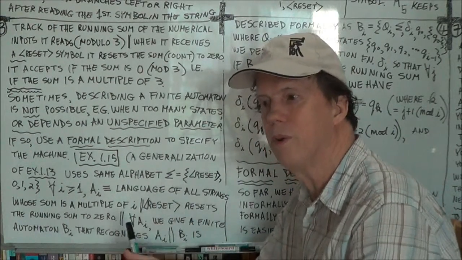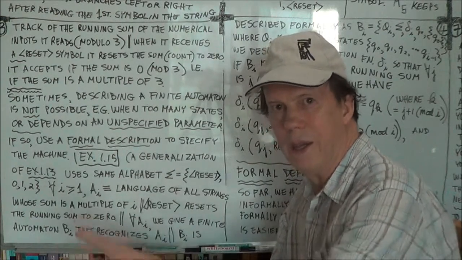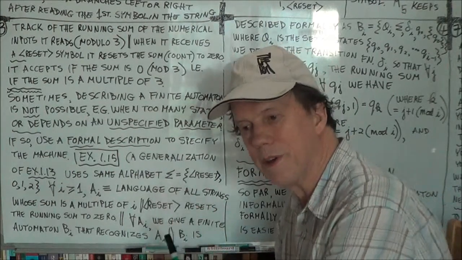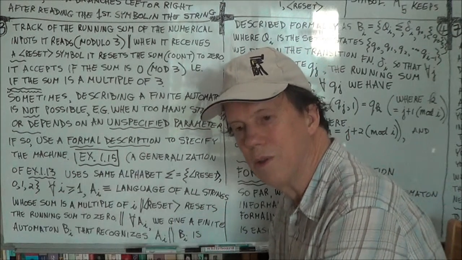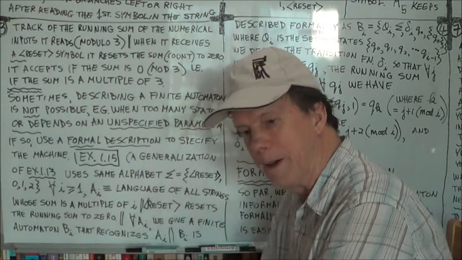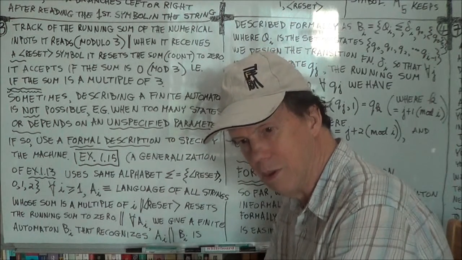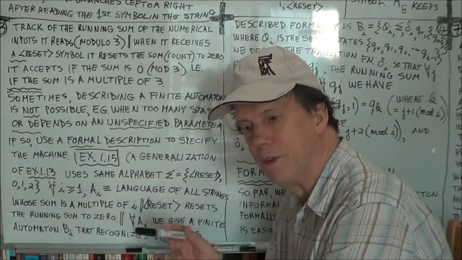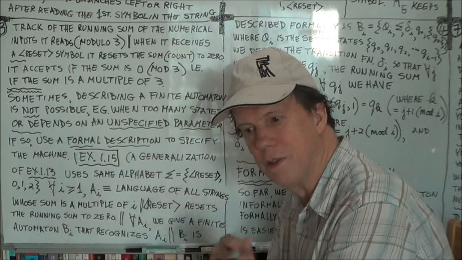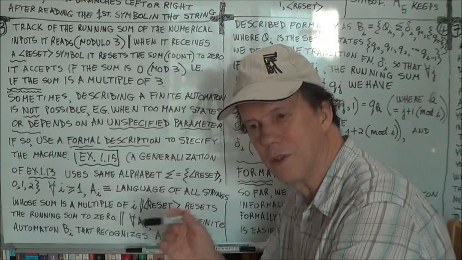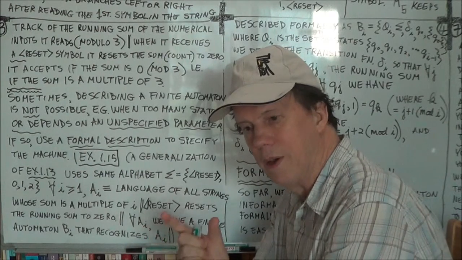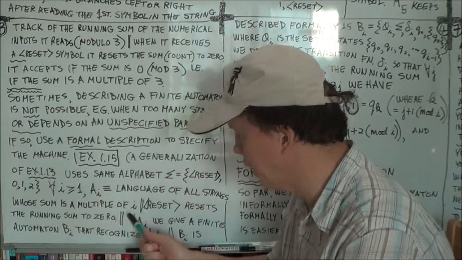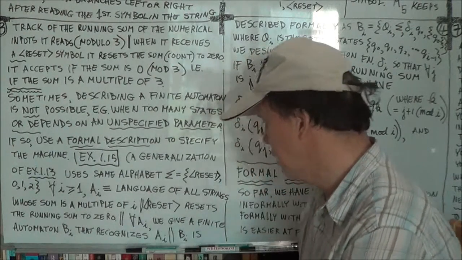So for any positive integer I, we now need to specify the automaton that would recognize the language whose strings, if you sum all the integers in the string, the noughts, the ones and the twos, that sum would be a multiple of I. That's the task, right?